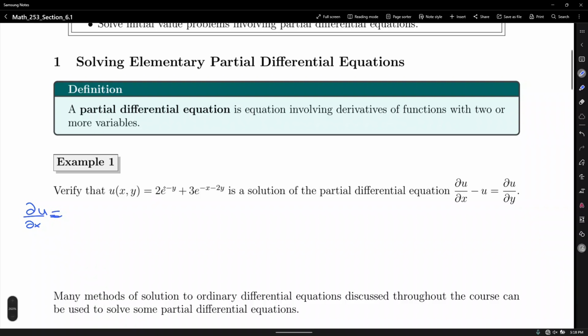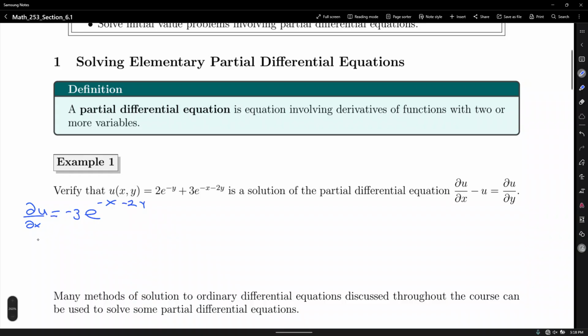This term goes to zero, there's no x's at all. The derivative of the exponential is itself, times, by chain rule, the derivative of the exponent with respect to x, which is multiplied by -1. I'm going to write that negative sign in the front. So that is our partial with respect to x.